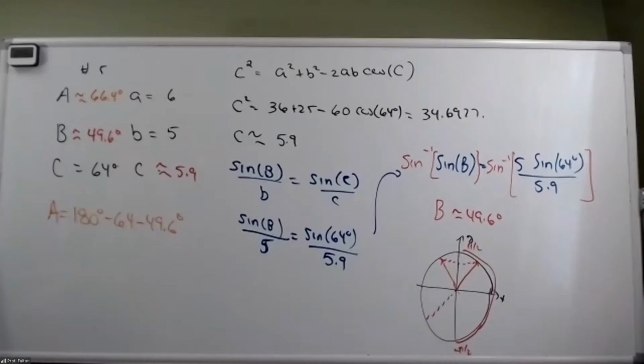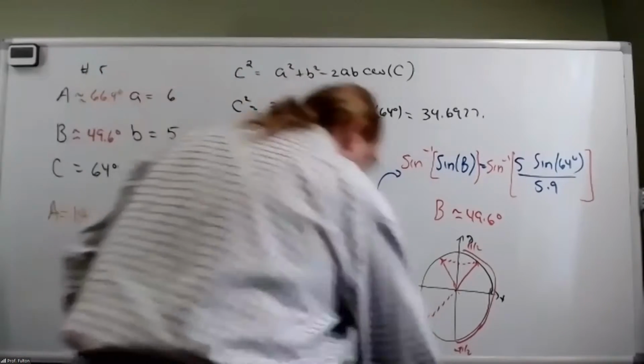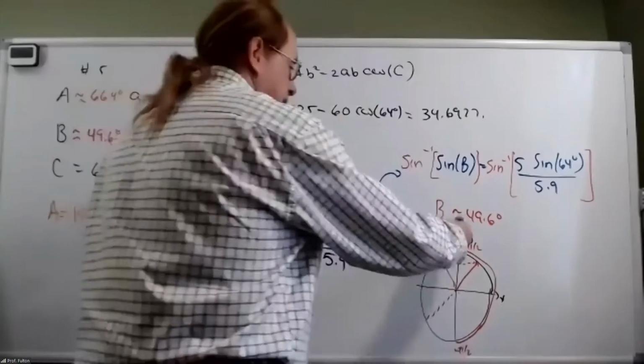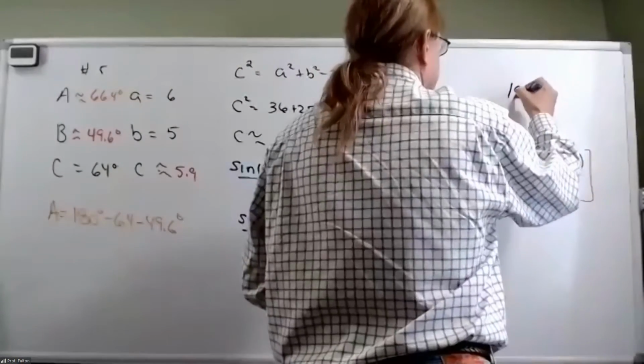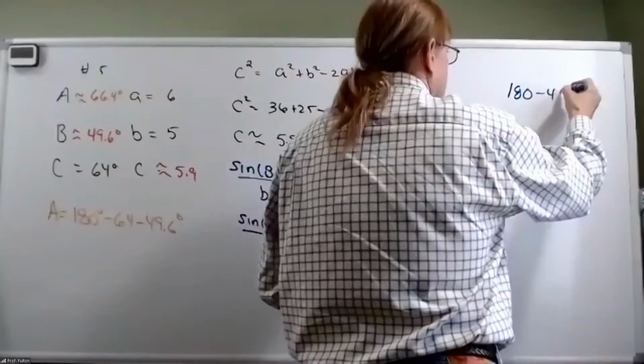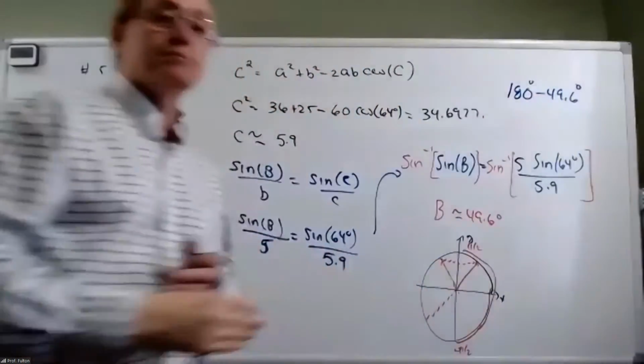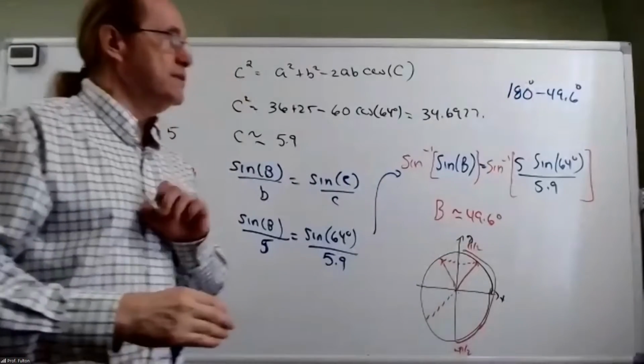Let me just kind of show you specifically. So for example, we take the 180. So I want to test this out. We take this angle, so take 180, and we subtract off 49.6 degrees. Okay, that's another possible angle that will also give you the same.